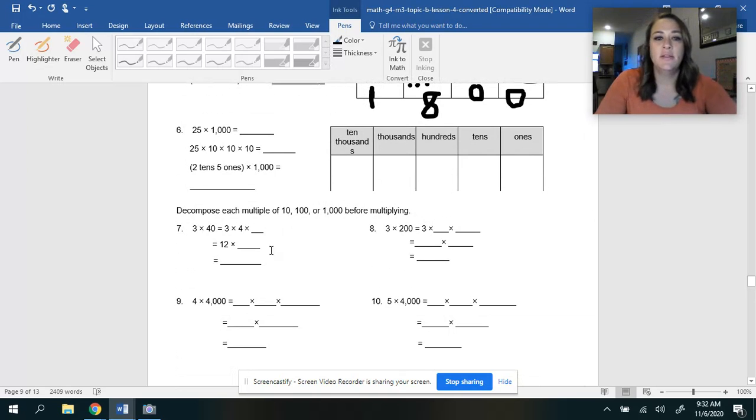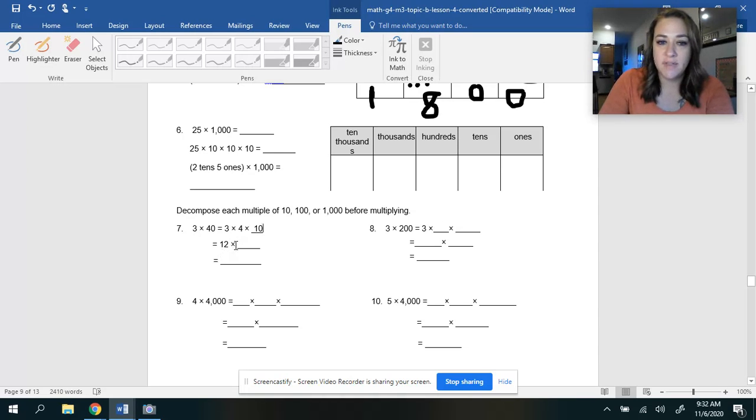All right. So decompose each multiple of 10, 100, or 1,000 before multiplying. So we have 3 times 40. Well, they're taking just the single digits, 3 and 4, and taking 3 times 4 times 10 because we took that 4 away from our tens. Okay. And then they want you to kind of step it across and multiply as you go. So 3 times 4 gave us 12.